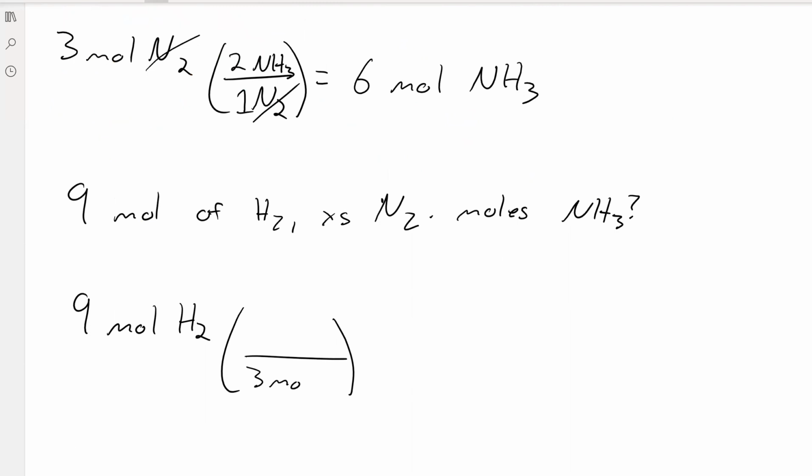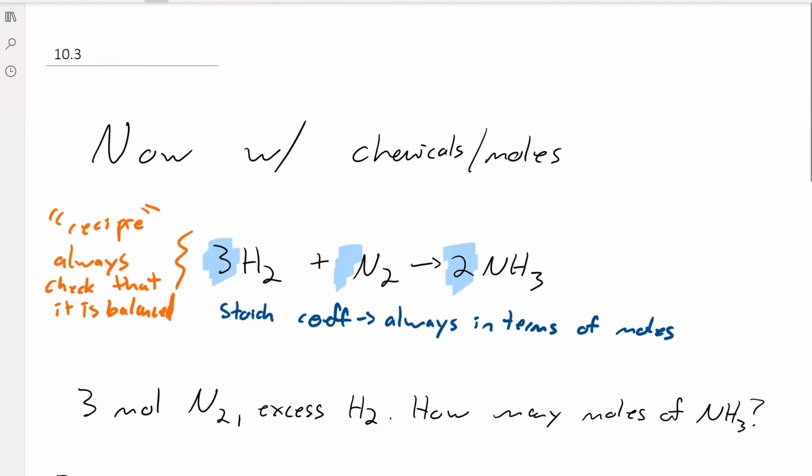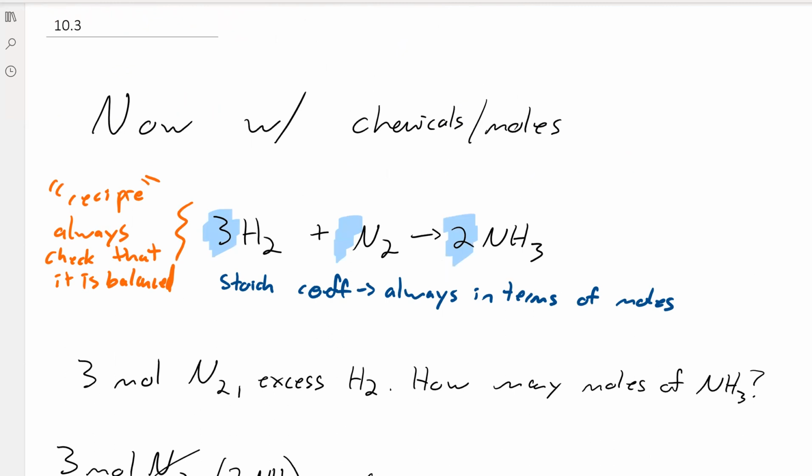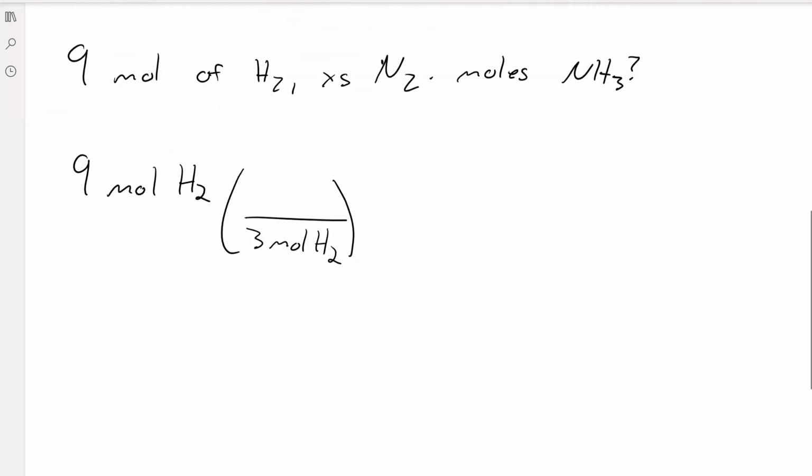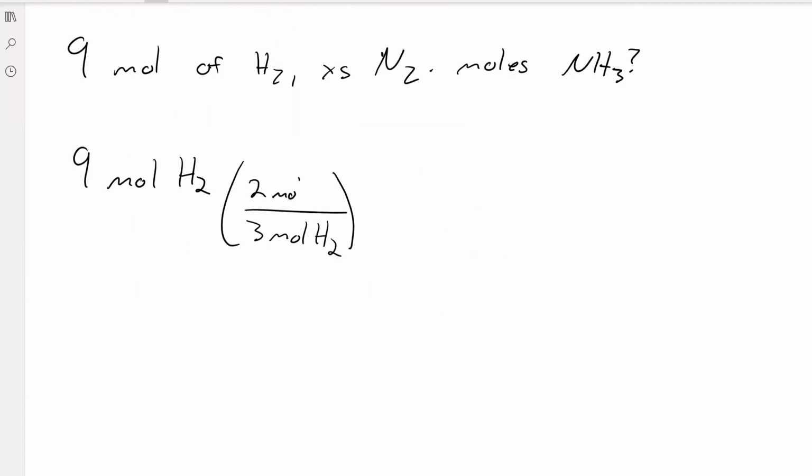If you want to write it out as 3 moles of H2, that works as well. And then our NH3, we have a 2 in front of it. So we want to put a 2 there. This and this will cancel out. And the unit that we'll be left with is moles of NH3, which is exactly what you want. And then here you would type in your calculator 9 times 2 divided by 3. Either way, you should get 6 moles of NH3.